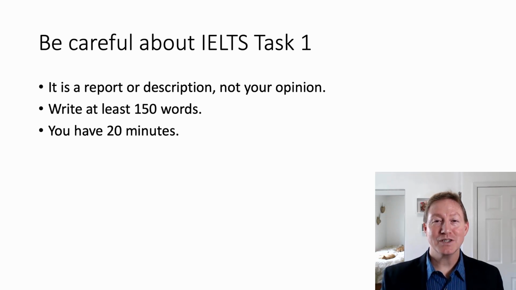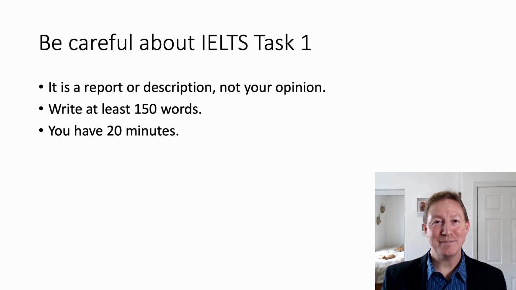You simply want to report what the information says. You will need to write 150 words, and you should finish this in about 20 minutes, because the writing Task 1 and Task 2 together only has 1 hour. So plan 20 minutes for Task 1 and 40 minutes for Task 2.